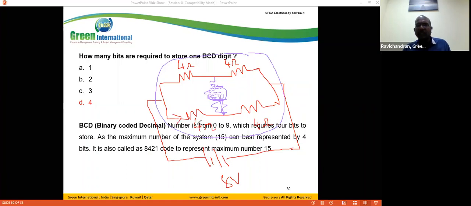Here 4 ohm and 4 ohm are connected in series, so total resistance is 8 ohm. Total voltage is 8, so 8 by 8 is 1 amp. So the voltage across this resistance is 4 volt and across this one is 4 volt.